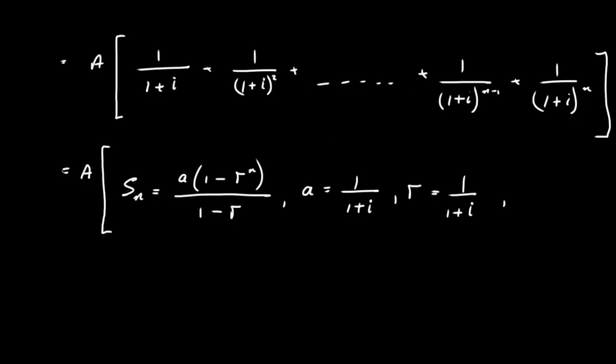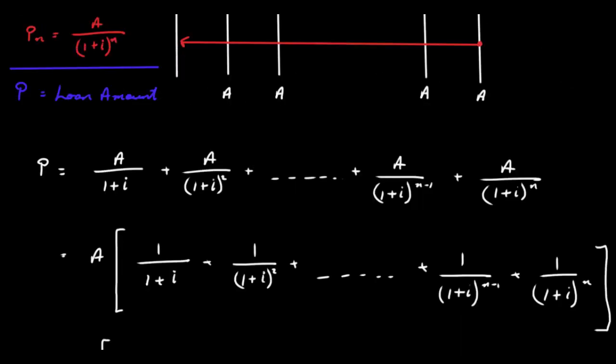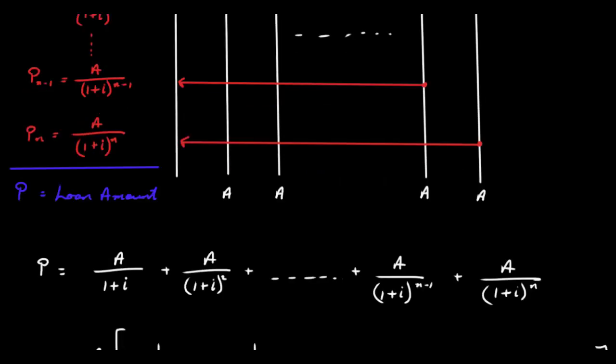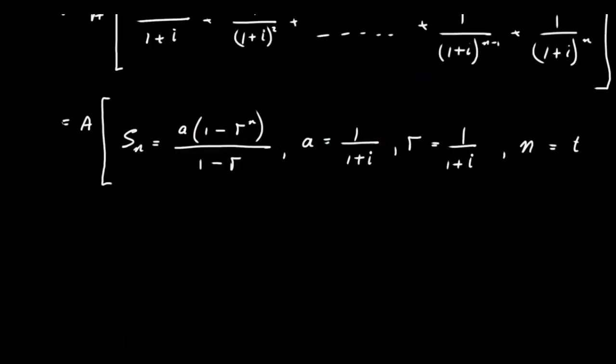So that's our r. Our number of terms here is going to be t. We've got t number of terms, because you can see back up here, we have t number of terms here. So n is going to be just t here.